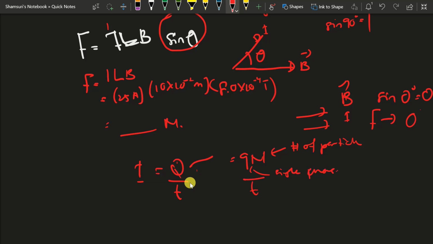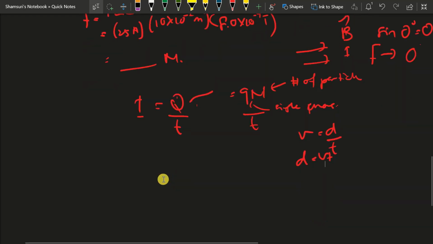And then we have the velocity previously. The velocity is given by distance over time, and our distance can be velocity times t. So we can have something like L here just now. Here L can be Vt in our new derivation.